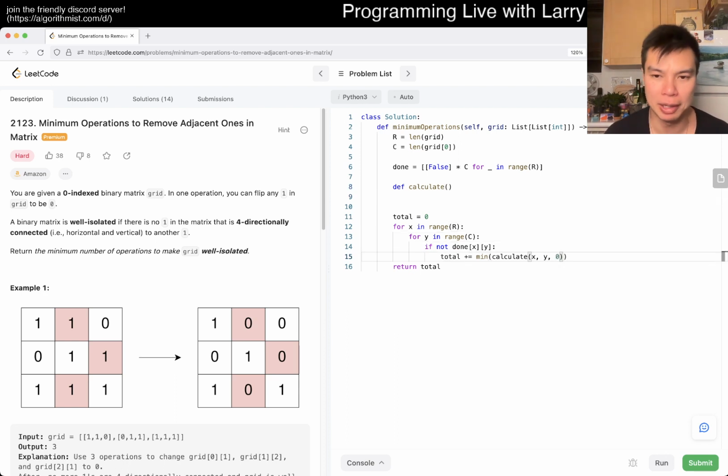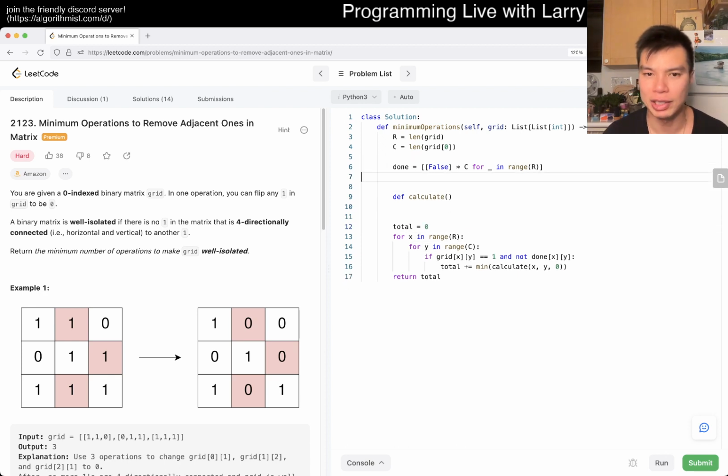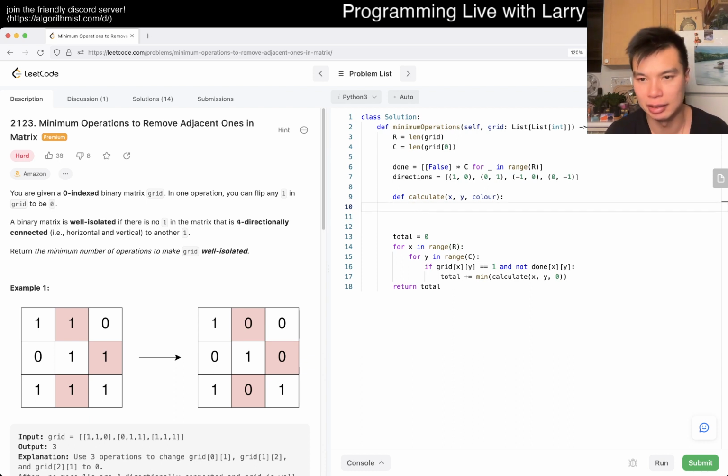The color is based off the idea that it's bipartite, meaning you have the left side or the right side. You could also think of it as colorable, and of course bipartite graphs are two-colorable. That's just another definition. Oh, I kind of missed a thing here: if grid of xy is equal to 1. And then we also want to add a direction list for the four directions.